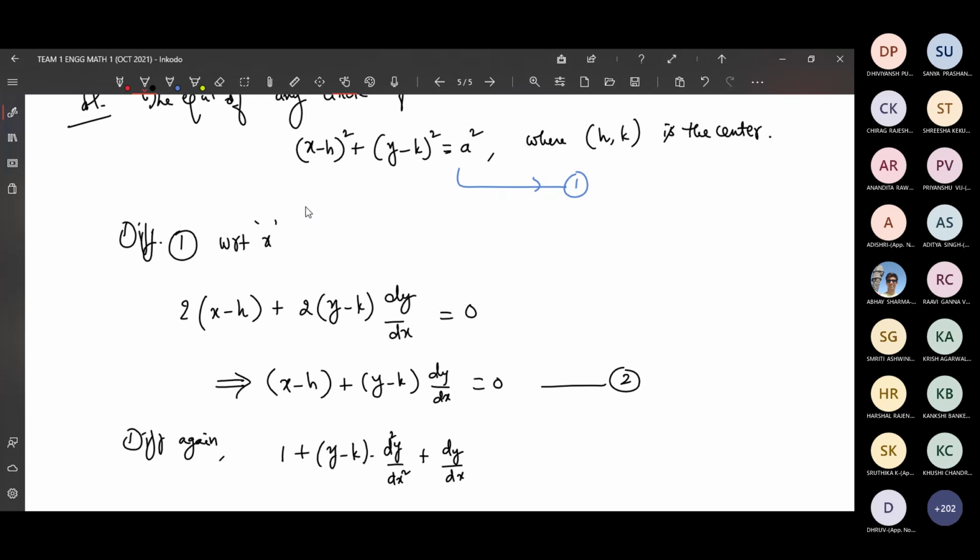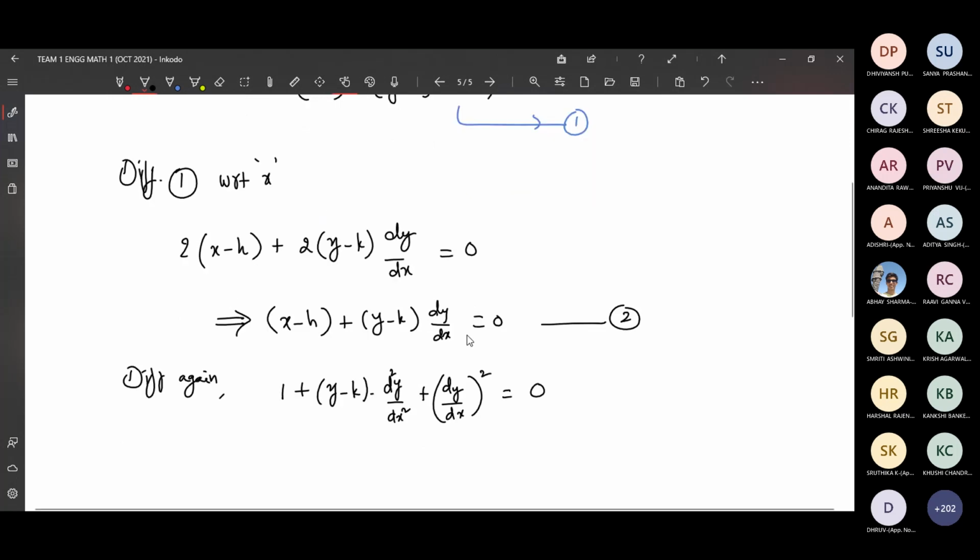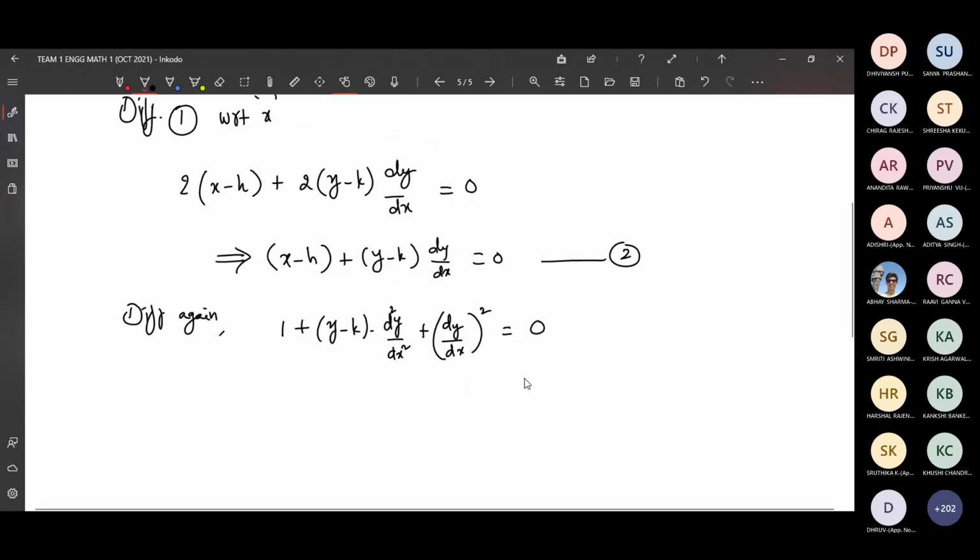The first one is the second order derivative, and the other is dy by dx into dy by dx again, therefore dy by dx whole square, equal to 0. So this is the third equation.